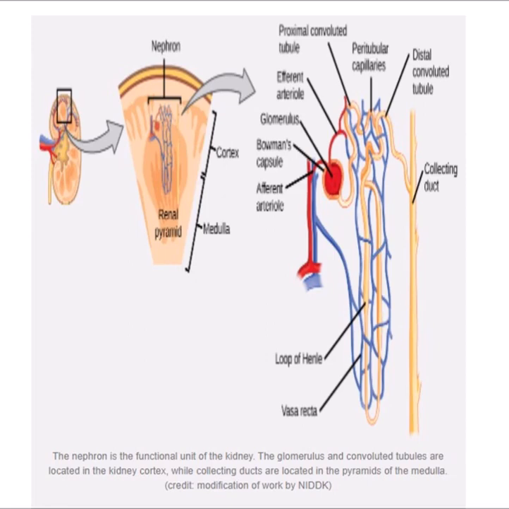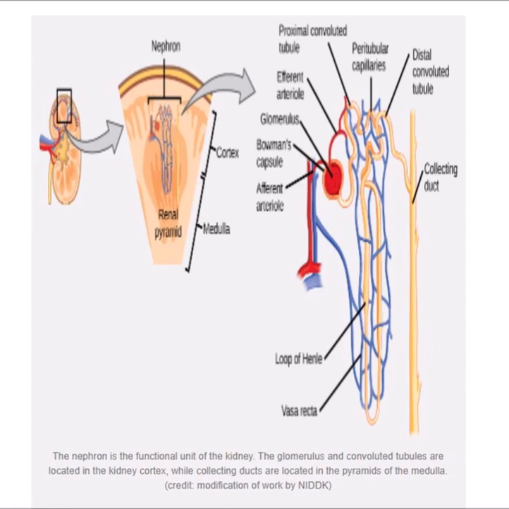vena cava. The renal arteries split into several segmental arteries upon entering the kidneys. Each segmental artery splits further into several interlobar arteries, which enter the renal columns and supply the renal lobes.